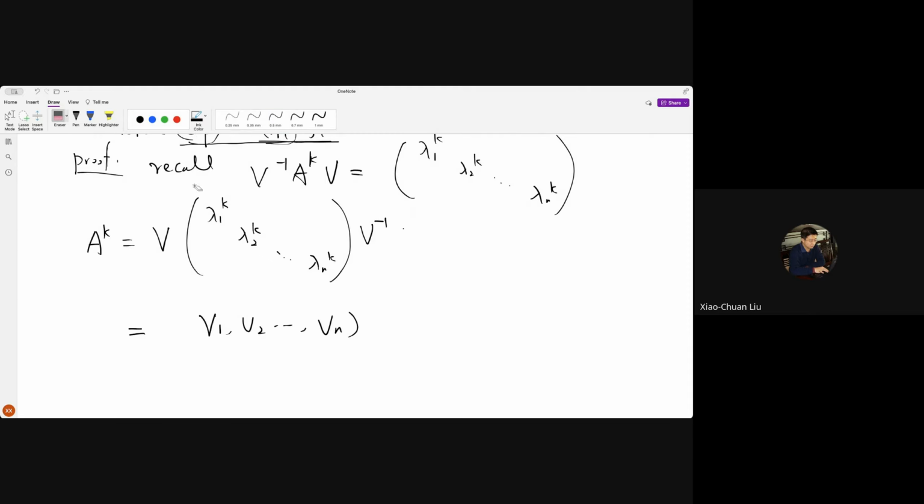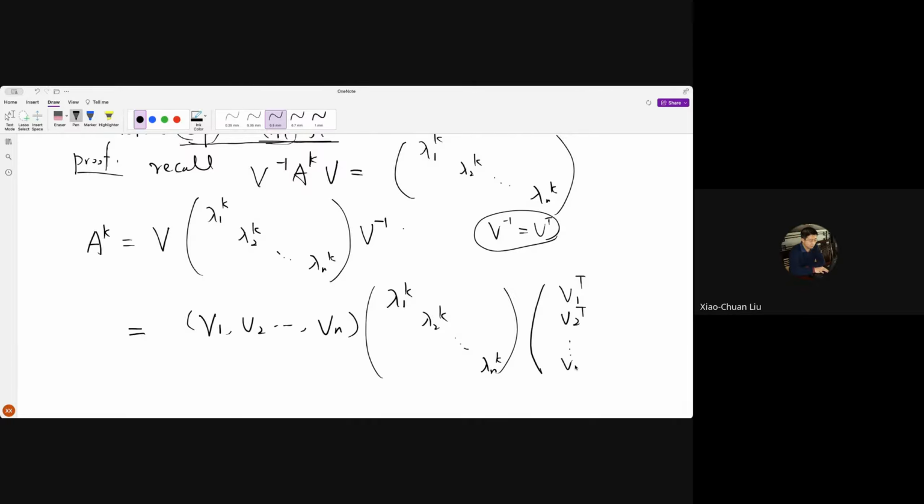And this orthonormal basis has the good property that the inverse is the same as the transpose, so we can write V transpose as the rows V1 transpose, V2 transpose, up to Vn transpose.